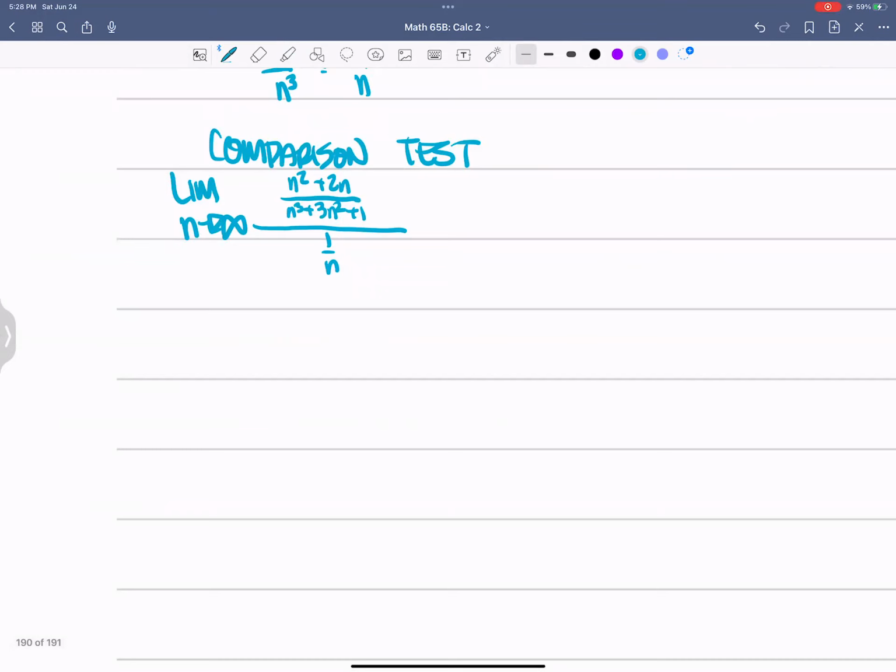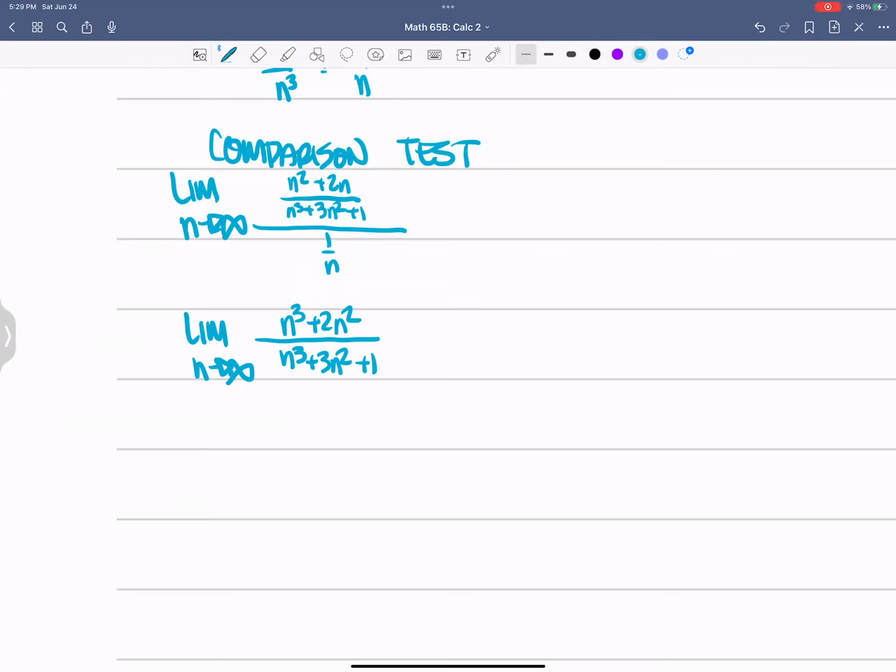Let's multiply both top and bottom by n. That's going to give us a limit as n approaches infinity of n cubed plus 2n squared over n cubed plus 3n squared plus 1.